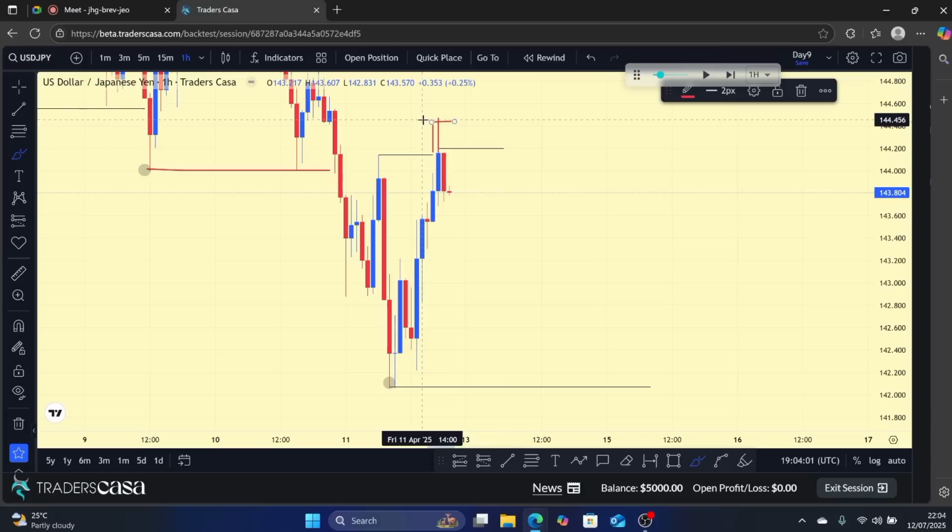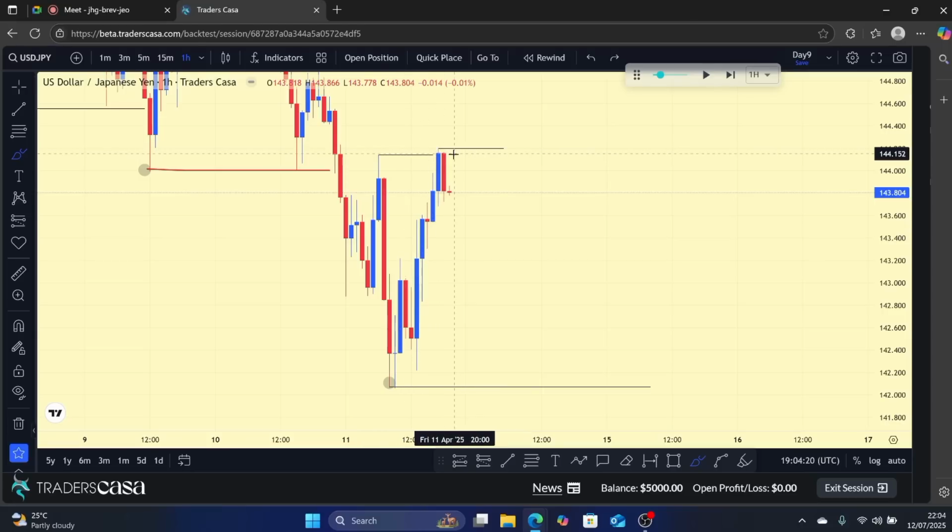You can clearly see that a very huge displacement here literally says this cannot be a sweep, but in this case the displacement was very small. Price just closed a small part above this high, and after that it gave a rejection to the downside, and this one here is a reversal pattern.